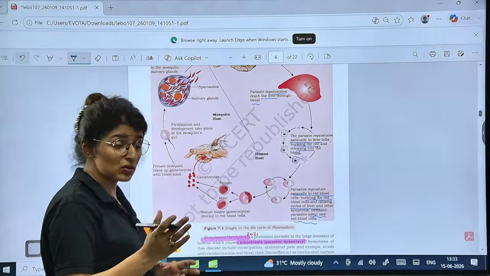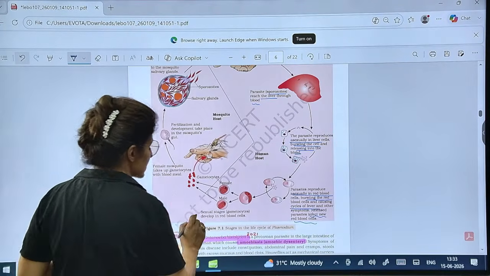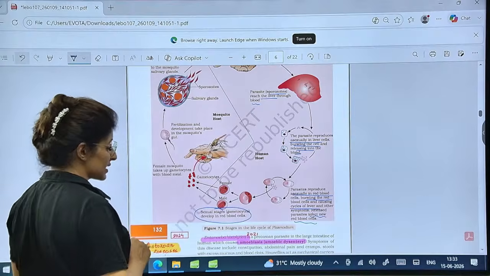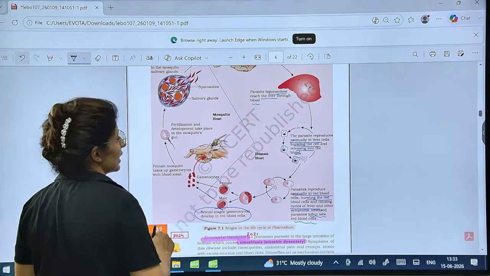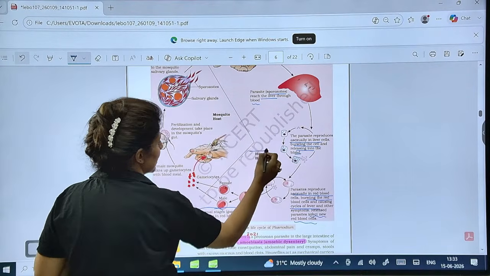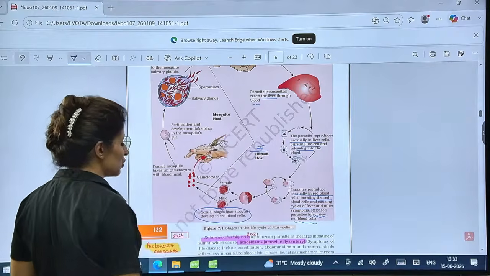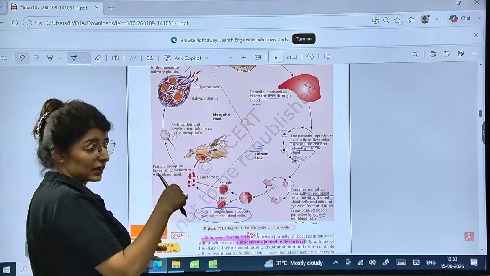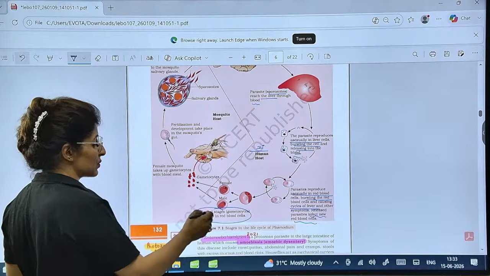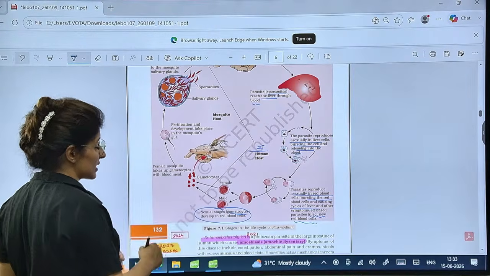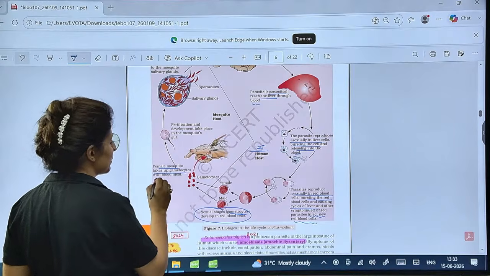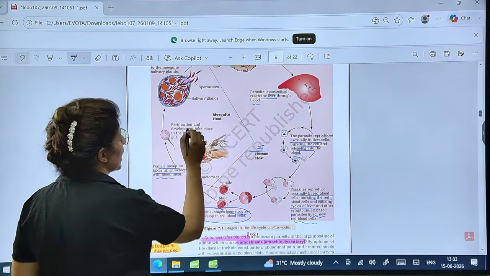That is why it leads to anemia. Then sexual stages are developed in the RBCs. Very important. Gametocytes develop in RBCs. So all these phases are occurring in the secondary host, that is human. Now, when a mosquito sucks blood, it is going to pick up these stages. Which stages are picked up? Gametocytes. See, female mosquito takes up gametocytes with the blood meal, which will undergo meiosis.